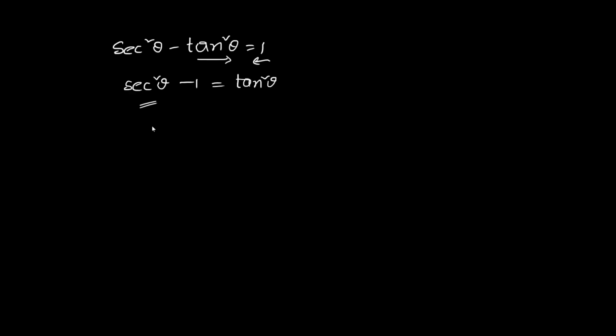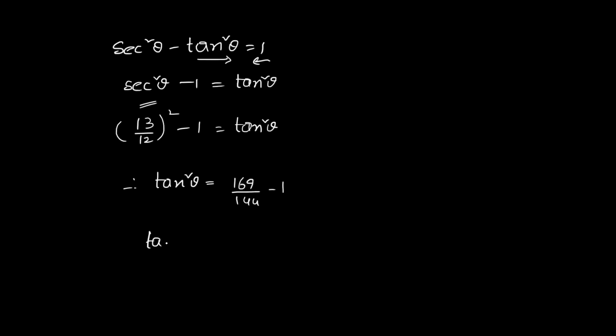So 13 by 12 whole square minus 1 is equal to tan square theta. Therefore tan square theta is equal to 169 by 144 minus 1, which is (169 minus 144) by 144.